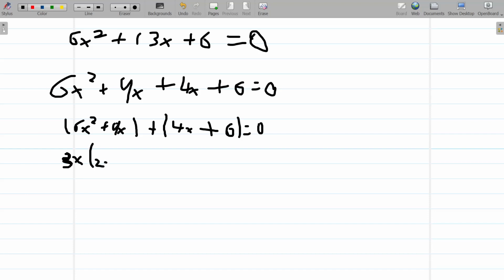So 2x plus 3. And then plus, we could just take 2 out of this. So it'd be 2x plus 3.